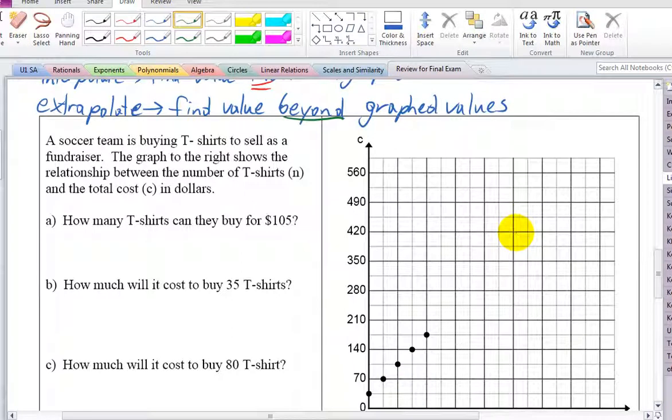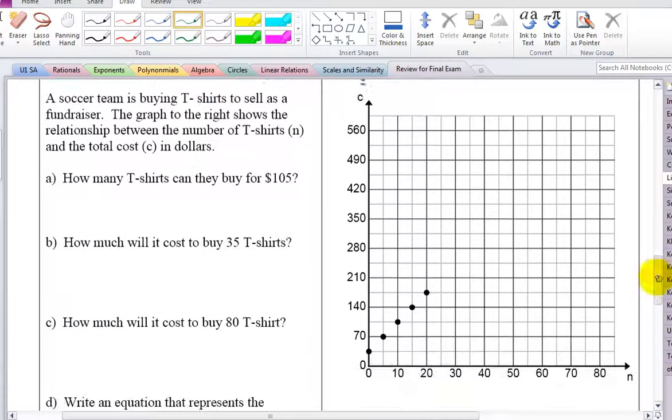It says here, how many t-shirts can you buy for $105? So here's your cost of $105. Notice how we're going up by 35s here, right? 70 divided by 2 is 35. So this here would be $105. So $105, how many t-shirts can you buy? 10. Okay.